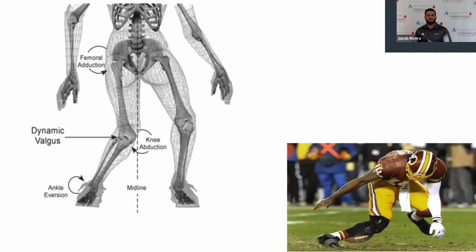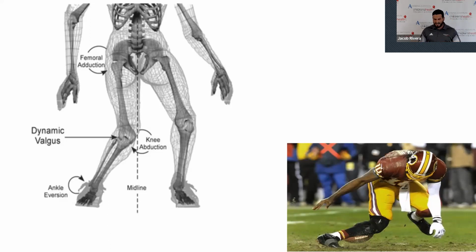I could think about the shin fracture injury mechanism. There's a multitude of things that you can do. They all are going to have some sort of injury mechanism. In this case, a typical ACL non-contact, or it could be contact, right? Injury mechanism is going to involve femoral adduction, knee abduction, dynamic valgus, ankle eversion, and overall a trunk deviation that essentially falls to the midline.